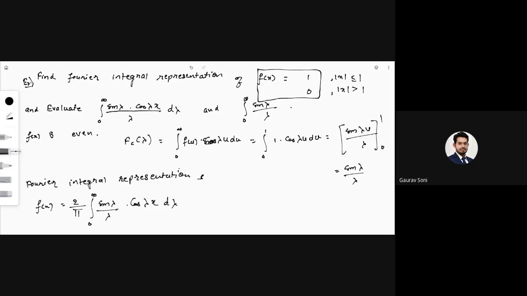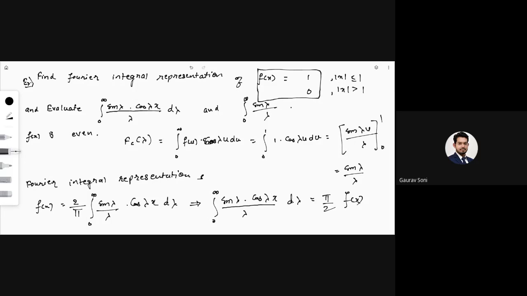We want to find the value of the integral only. So from this, integral 0 to infinity sine lambda cos lambda x divided by lambda d lambda is equal to pi by 2 into f of x.